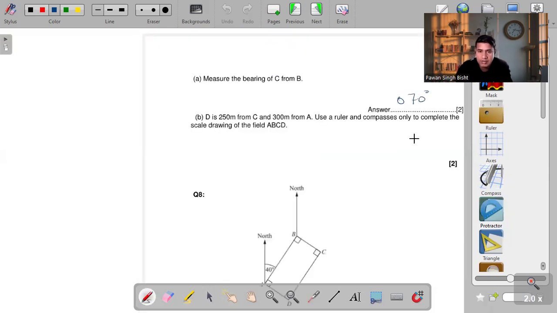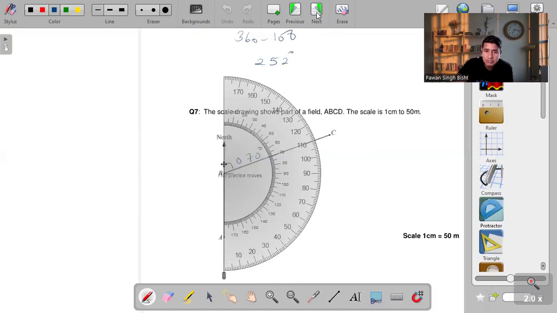Okay, so 70 degrees. Now they say D is 250 meters from C and 300 meters from A. Use ruler and compass to complete this. 1 centimeter represents 50 meters, right? So if I divide 250 by 50, it means 5 centimeters.